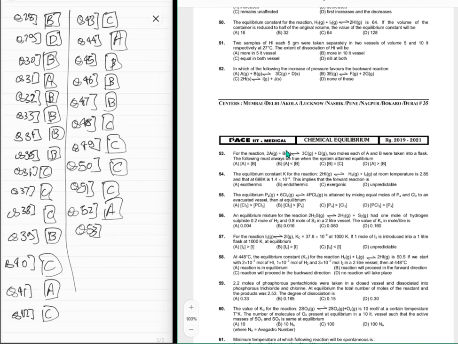So B will have 2 minus x as the final concentration, and A will have 2 minus 2x. So the concentration of B is bigger than the concentration of A. So question 53, B.